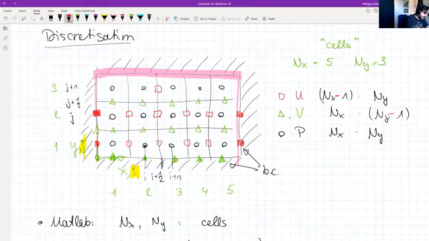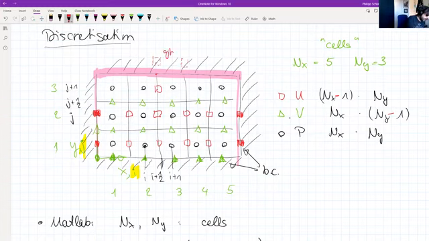So what is done is that you introduce one row of points which actually lie outside of the domain, which are then the boundary condition points at this boundary, and you calculate the value of this point such that the linear interpolation between this and this point will fulfill the correct boundary condition.